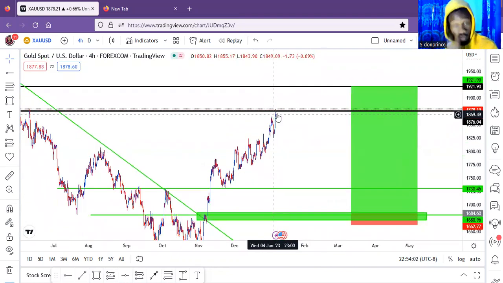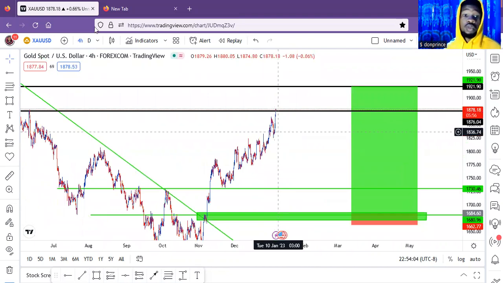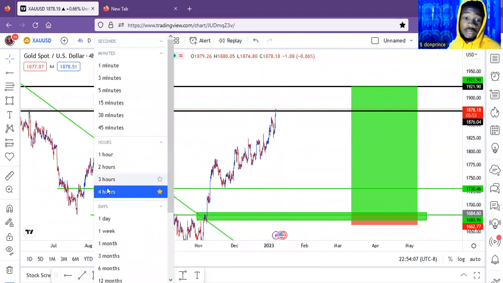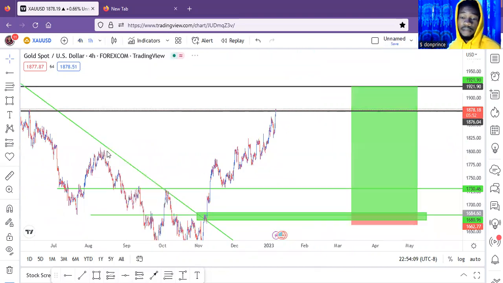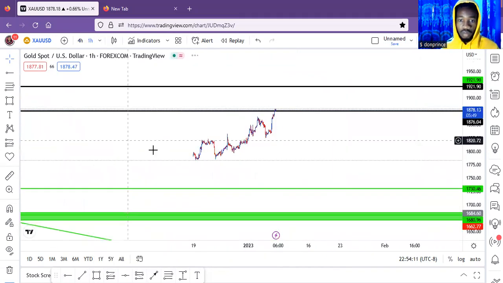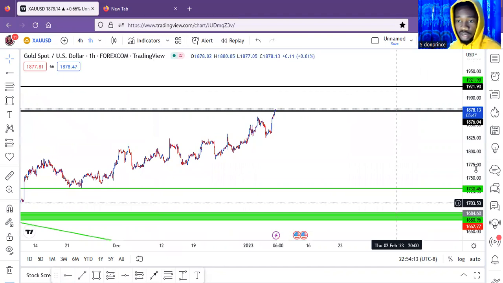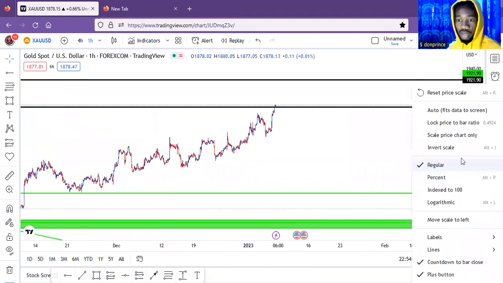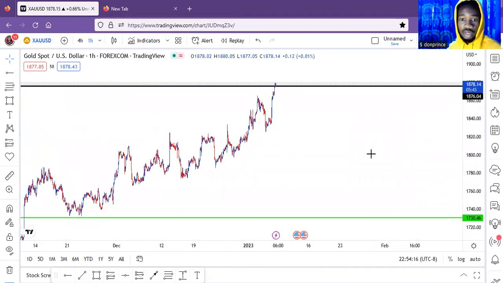So we can go down to H1 and concentrate on this movement of price and this recent price movement.